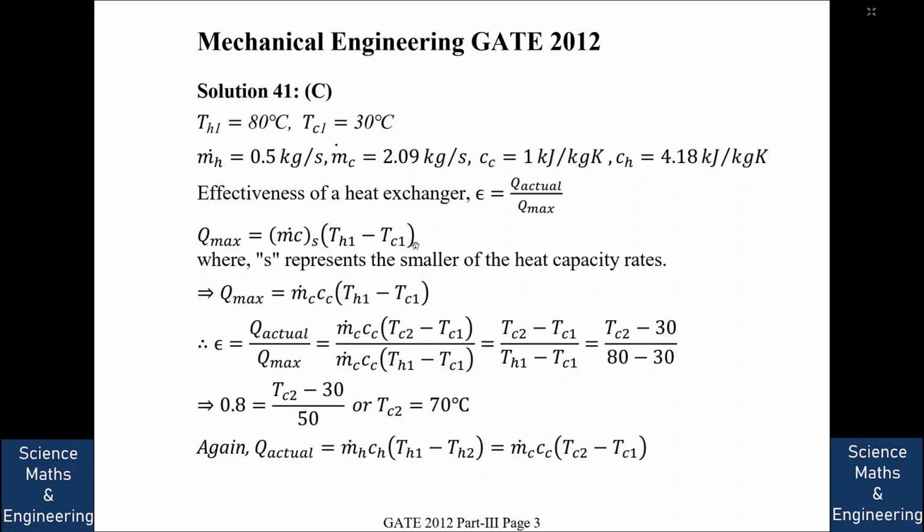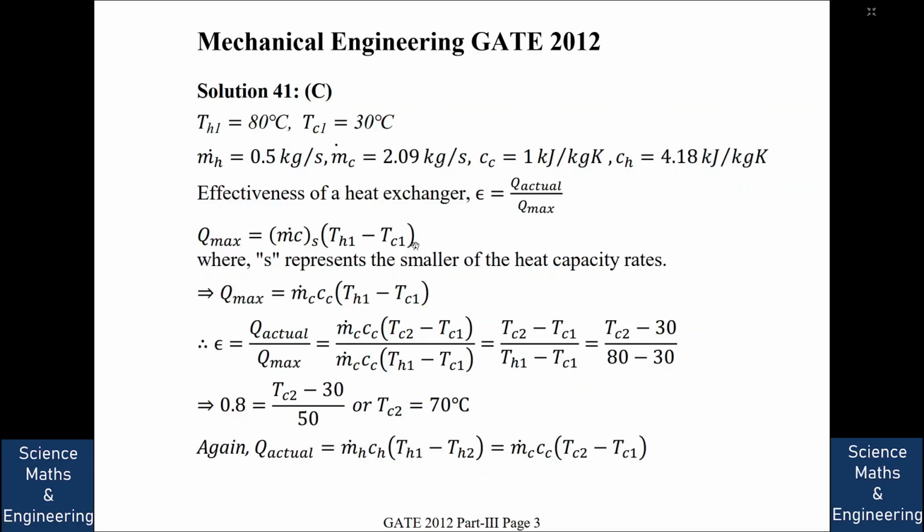See, the concept is what is the maximum heat that can be transferred. Now if we take the maximum temperature difference, Th1 minus Tc1, whichever has the smaller heat capacity can only get to this temperature difference.